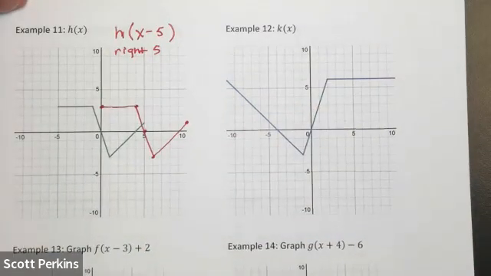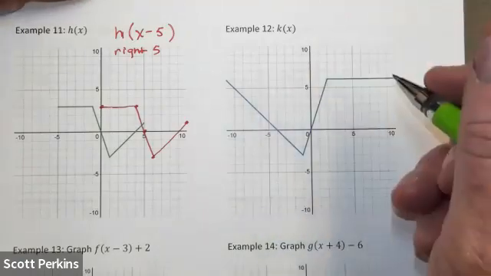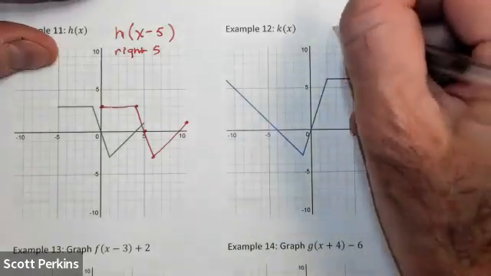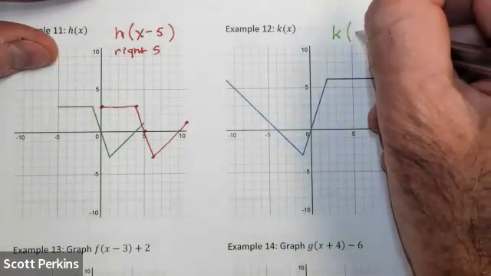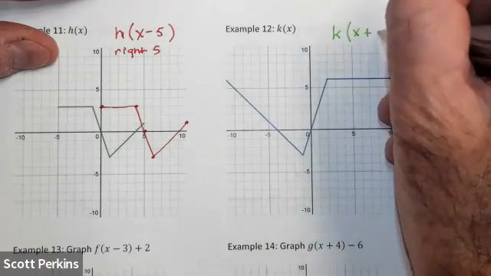All right, one more, and then we'll go to one of our basic graphs, and then we're going to finish with a flourish. Okay, very exciting. So on example 12, what I would like you to do is k of x plus 1.